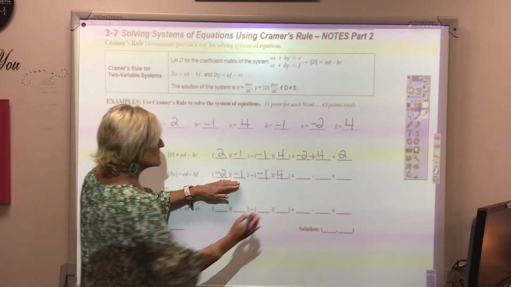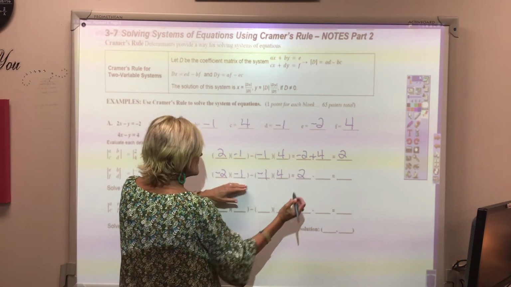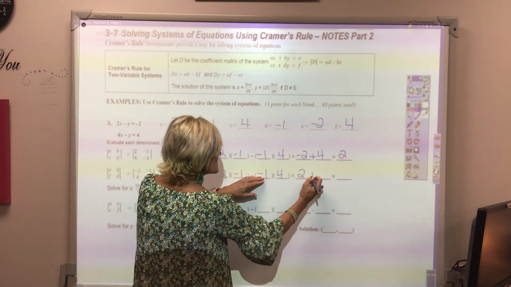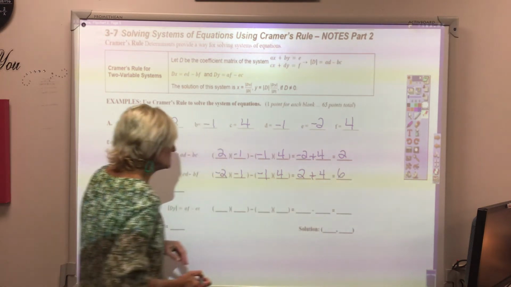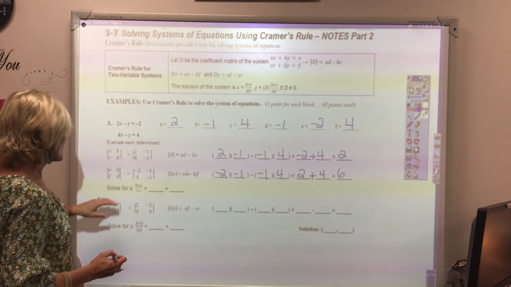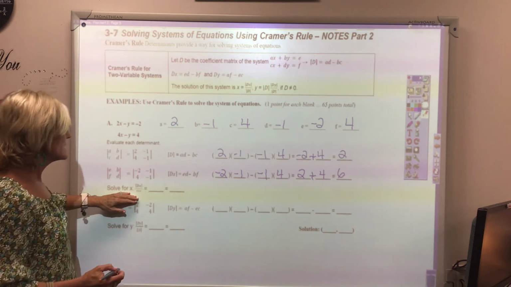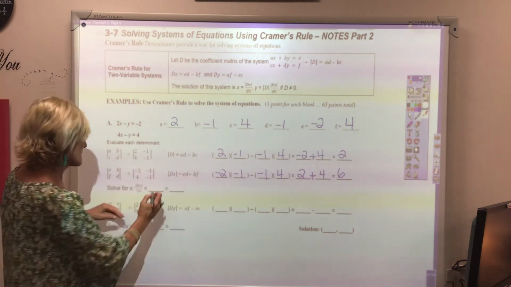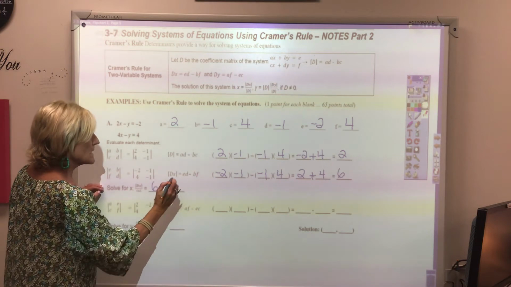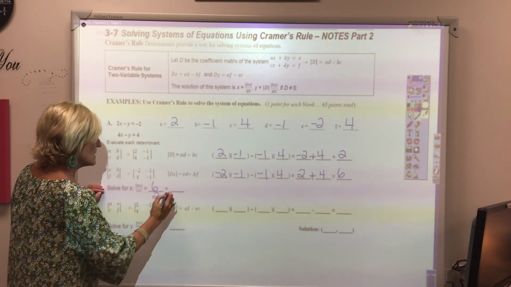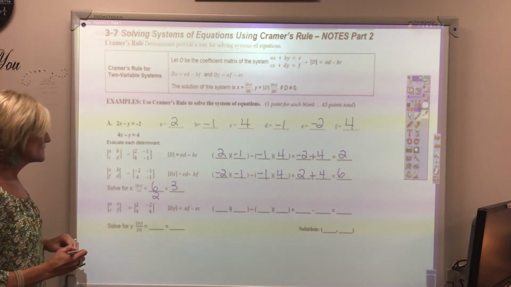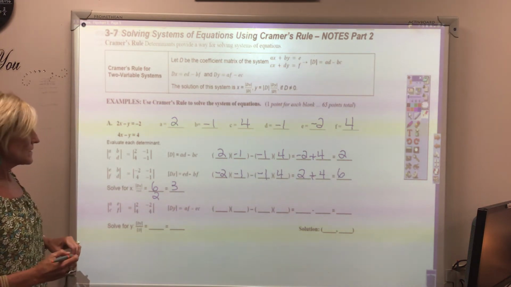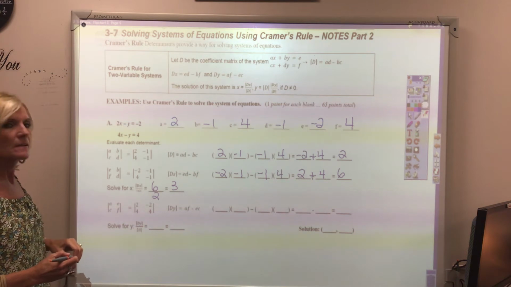This will give us 2, a negative will give us plus 4, which is 6. So to solve for X, you take the D of X, which was 6, divided by the main determinant of 2, and that gives us X is 3.